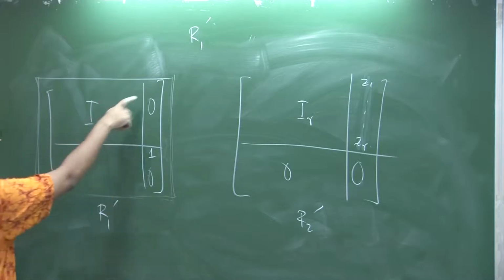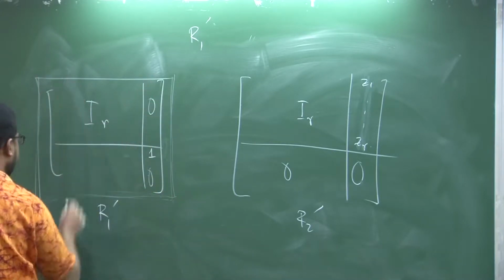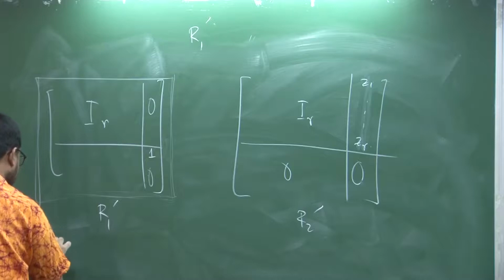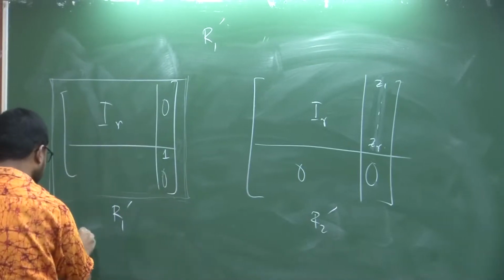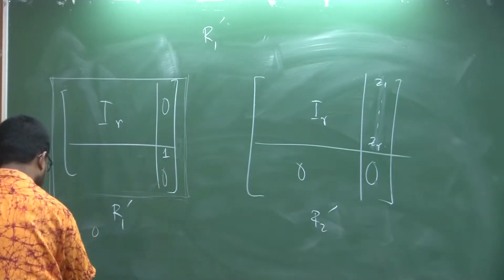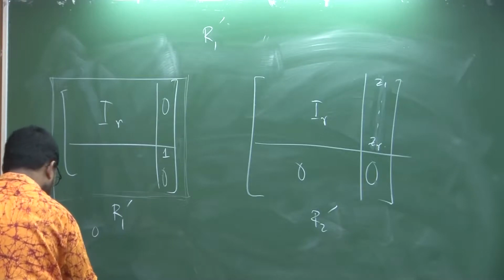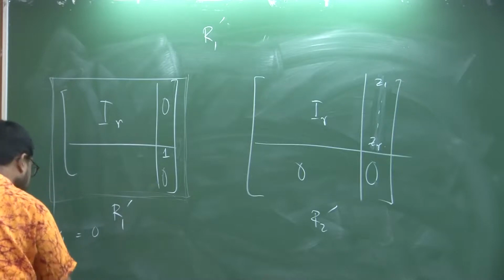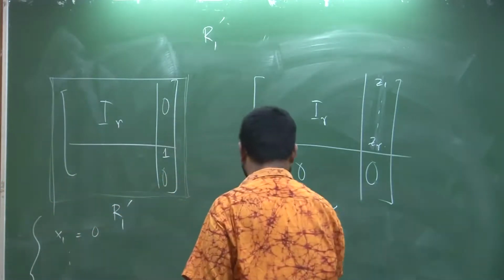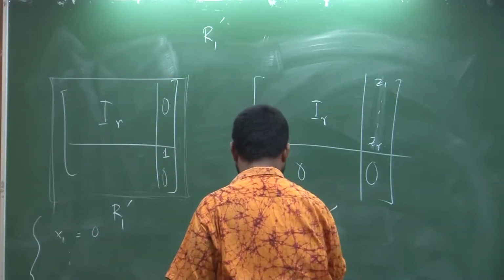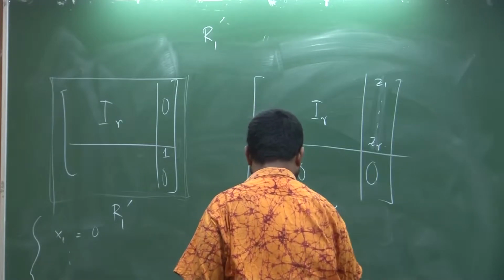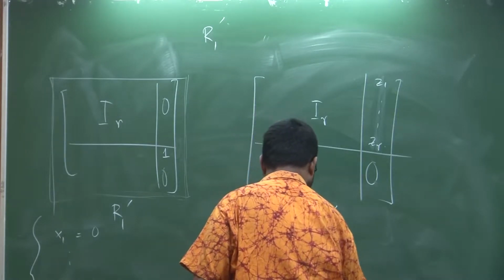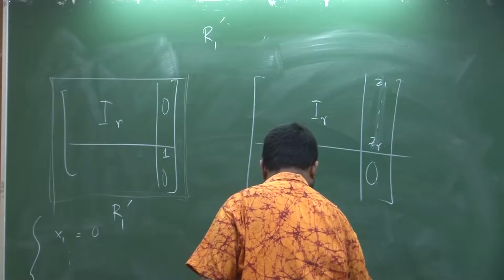So, what is the system corresponding to this R1 dash? Easily see, if the variables are labelled x1 up to xr, then x1 equals 0, and so on, xr equals 0 and xr plus 1 equals 1. This is the system. And the system corresponding to the other one is x1 equals z1, xr equals zr and 0 elsewhere.